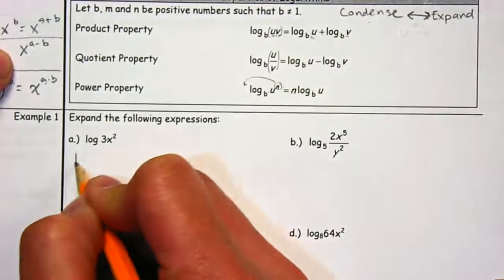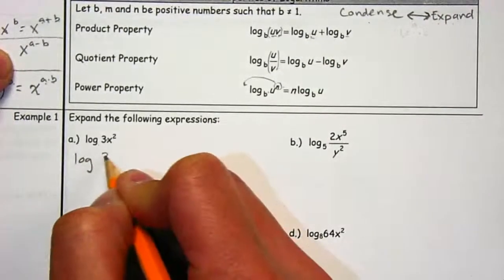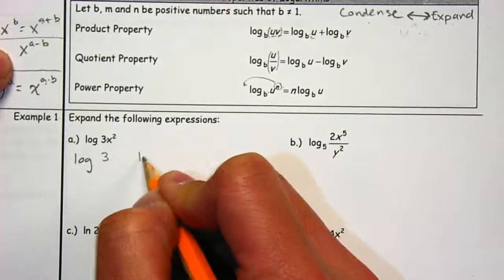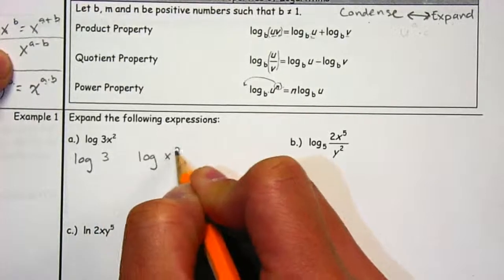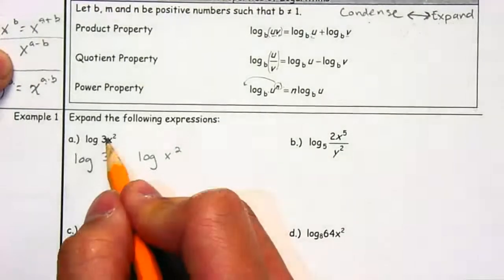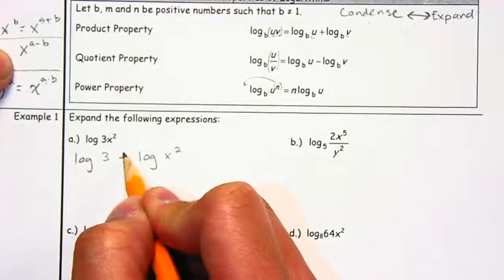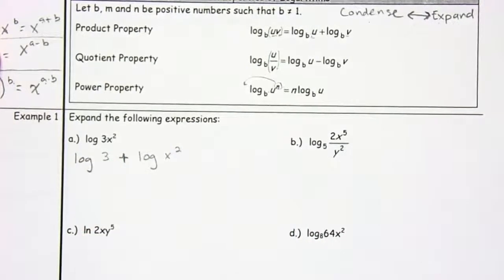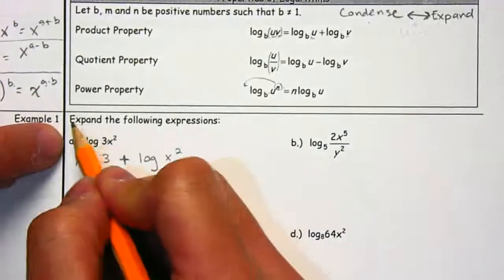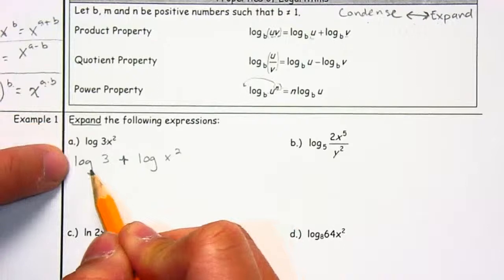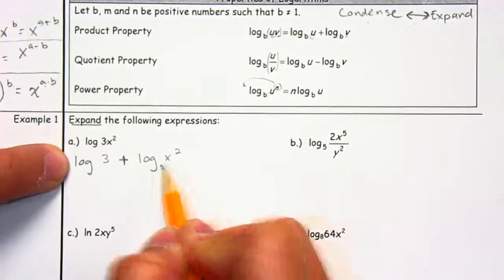So I'm going to take the log of the first thing, which is the 3, the log of the second thing, which is x squared, and when it's multiplication, I'm adding the two logs together. So I expanded log of 3x squared to log of 3 plus log of x squared.